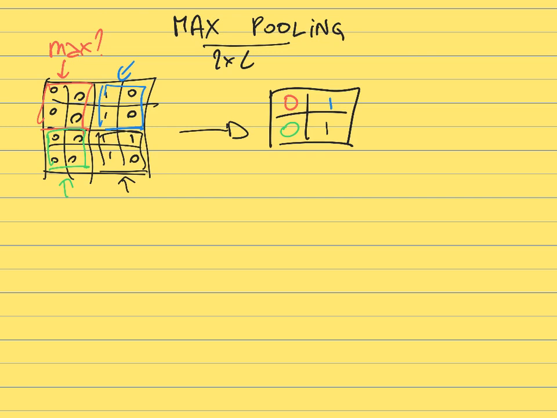It will look at each of the pixels within one group and ask what is the maximum value, so has this pattern been detected or not? In this case, it's always 0, so nothing has been detected. Then it will look at this group here. In this case, something has been detected. So if at least one pixel of this group suggests that something has been detected, then this is going to be detected by the max pooling.